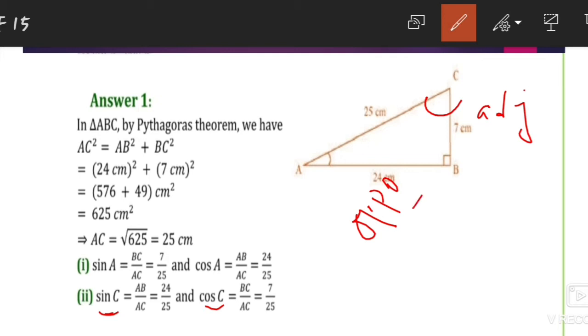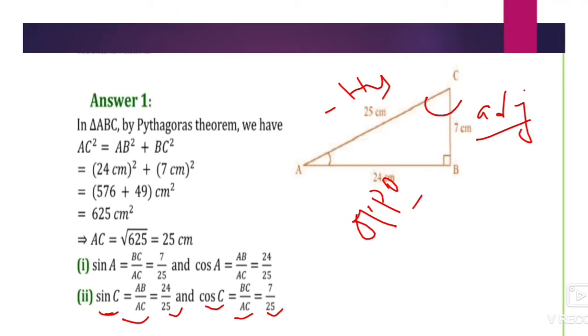Sin C is opposite by hypotenuse, that means AB by AC. Put the value of AB and AC, 24 by 25. Similarly, when you have to find cos C, the formula is same, adjacent by hypotenuse. That's why BC by AC is equal to 7 by 25.